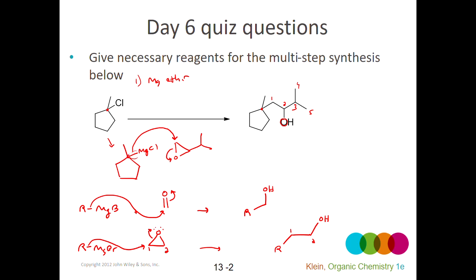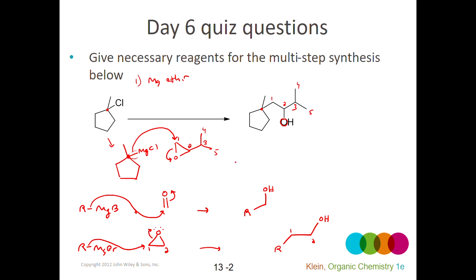So the Grignard carbon ends up connected to carbon 1. The bond between carbon 1 and the oxygen breaks. It goes to the oxygen, but the bond between the oxygen and carbon 2 remains intact, and then 3, 4, and 5 are brought along as well.